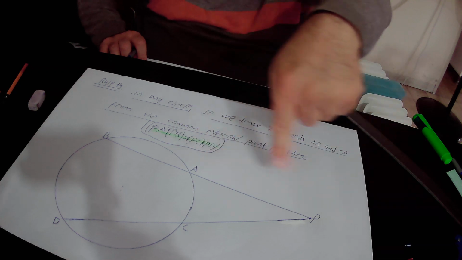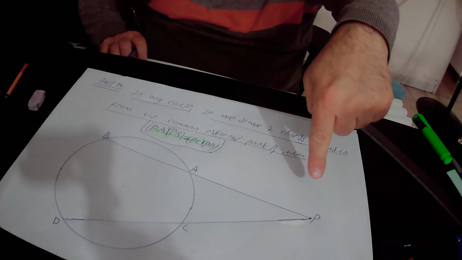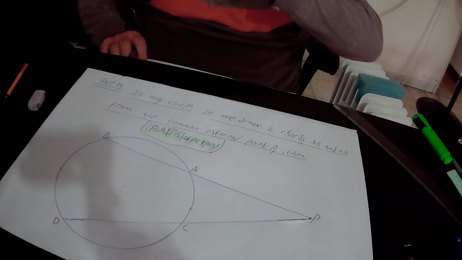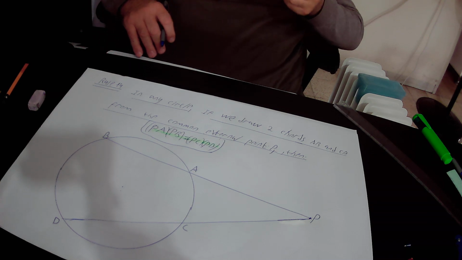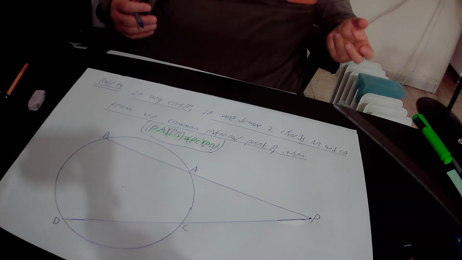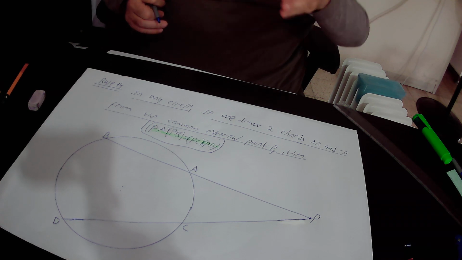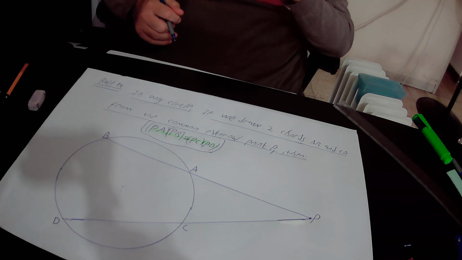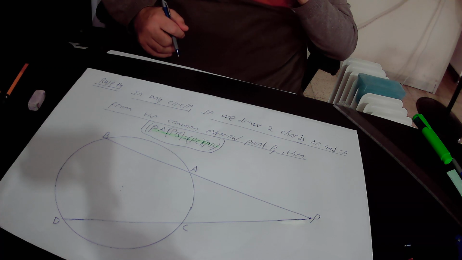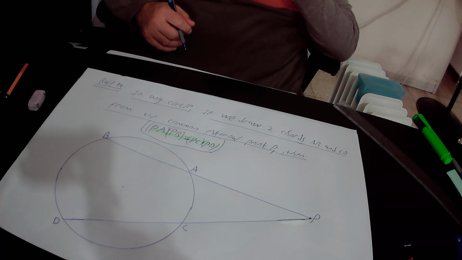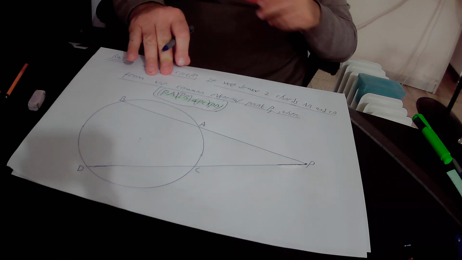Whenever you draw from an external standpoint two chords inside the circle, this equation will be true. So we can implement rule number 14 in our drawing.